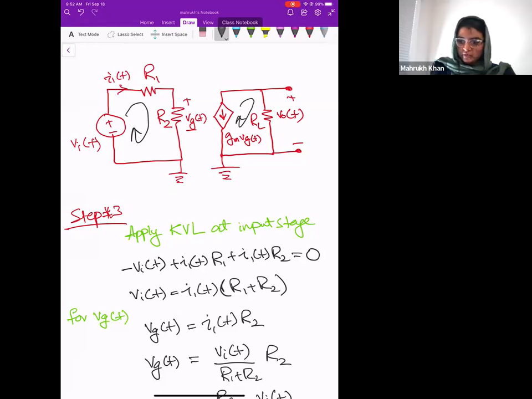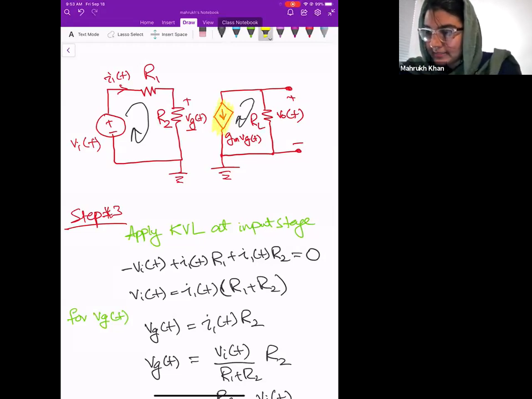Okay, yeah, that's a good question. So in amplifiers, you can see that they are at the common ground, right? But as we mentioned, the dependent voltage source and dependent current sources are dependent on some other things, right? So this is just a model, the equivalent circuit, but in real, this voltage source is actually dependent on Vg of t.